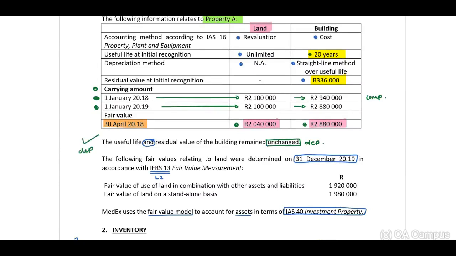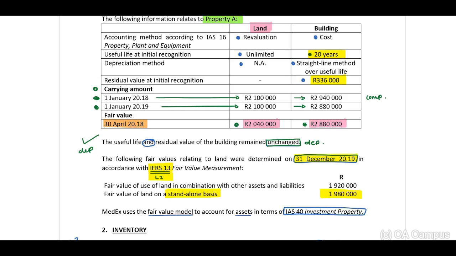Right, okay. Now, let's refer back to our given scenario, and we can tick off that we have determined the depreciation. The indicator has the following fair values relating to land were determined on 31 December 2019, our year end, in accordance with IFRS 13, right? For our level 2 students, you need to identify that we need to use the standalone basis amount 198,000.